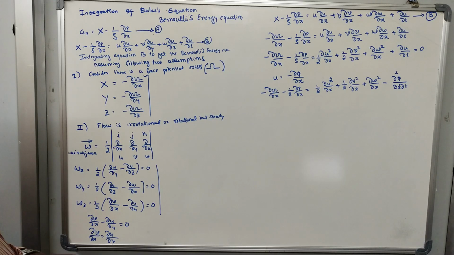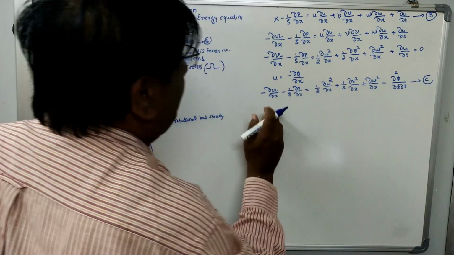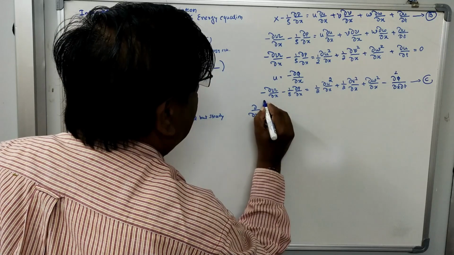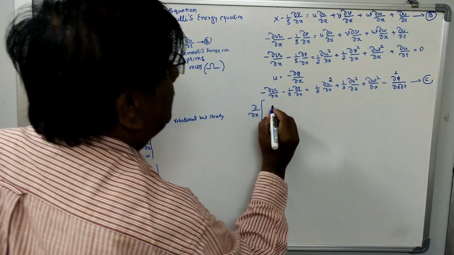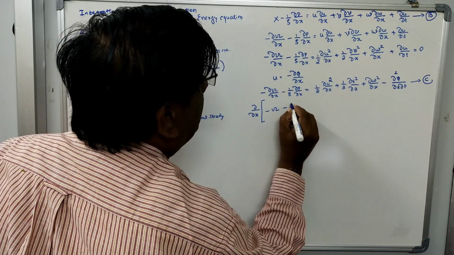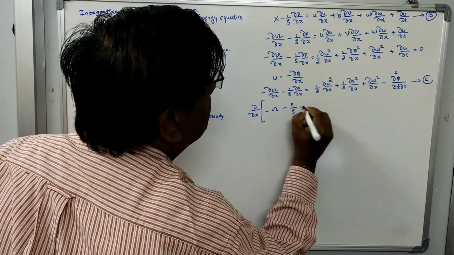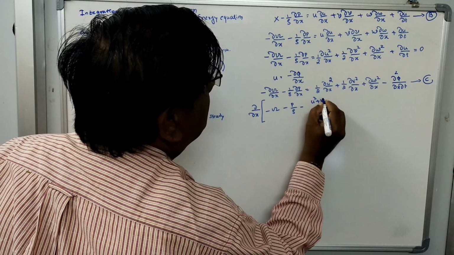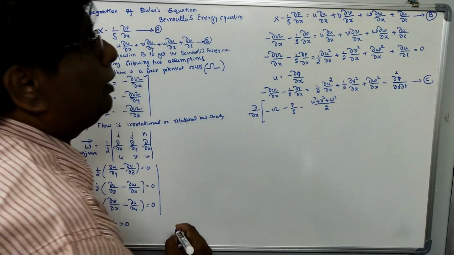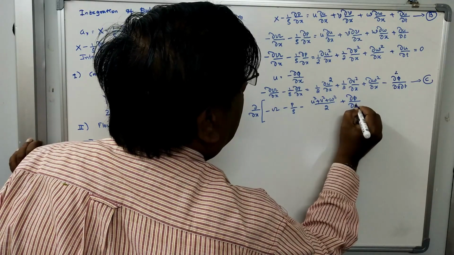So now in this equation C, ∂/∂x is common. So it is a differential term, take it outside the bracket. Inside you will get minus force potential minus p by rho plus (u² plus v² plus w²) by 2 plus ∂phi/∂t.